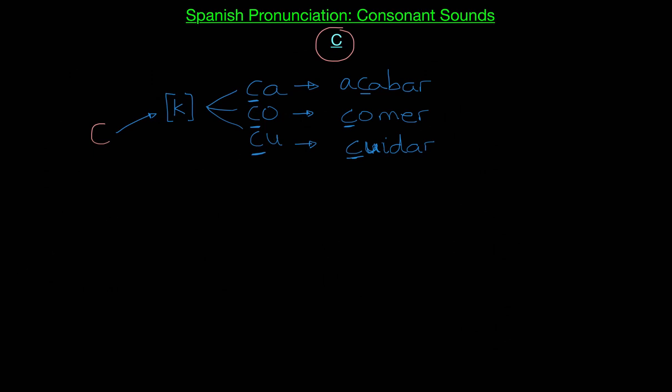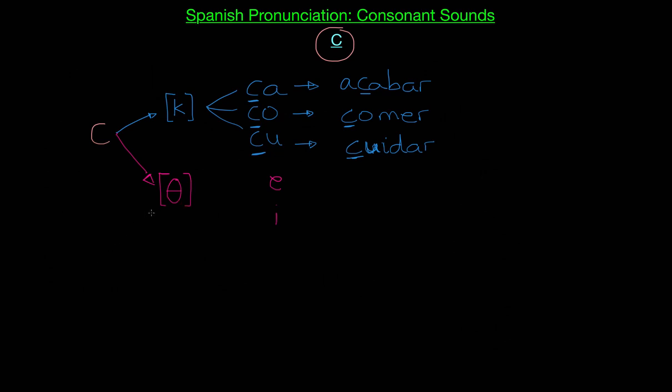Now, what happens when instead of before A, O, U, we find it before E or I? Instead of saying k, we'll say th. I'll say this sound again, th. If you're into your phonetic alphabet, this sound is represented by a symbol which is a little bit like this.